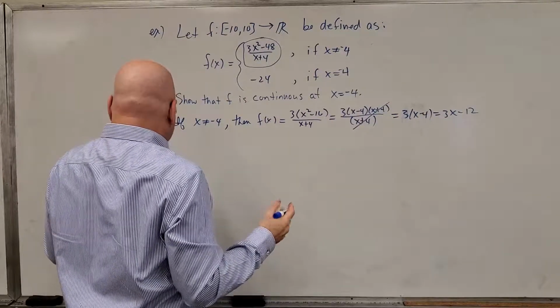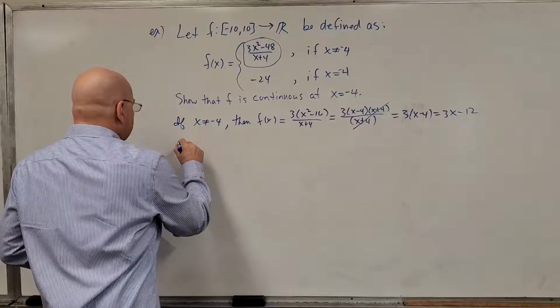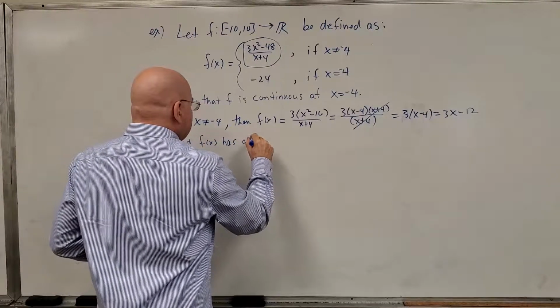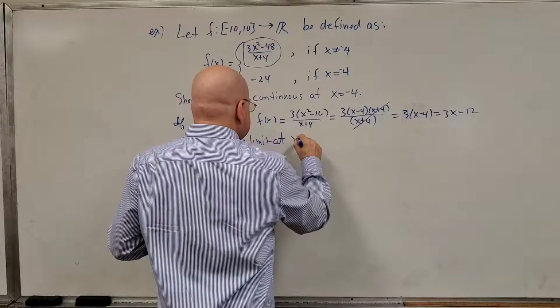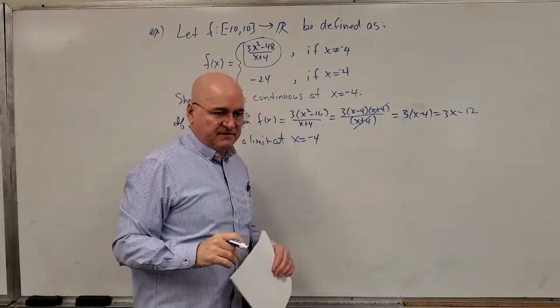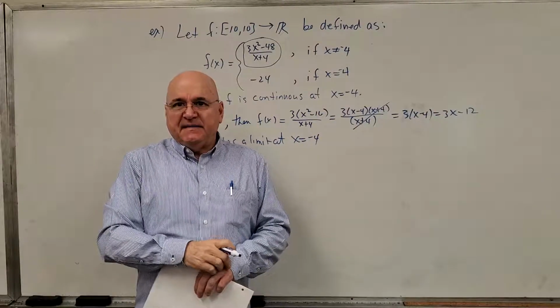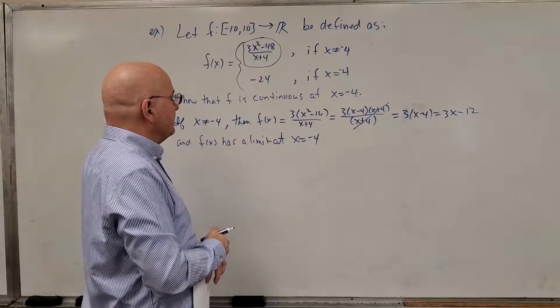We know from previous work that f of x has a limit at x equals negative 4. We've seen that in the previous chapter. Because remember, the limit doesn't require that the function exists at negative 4.